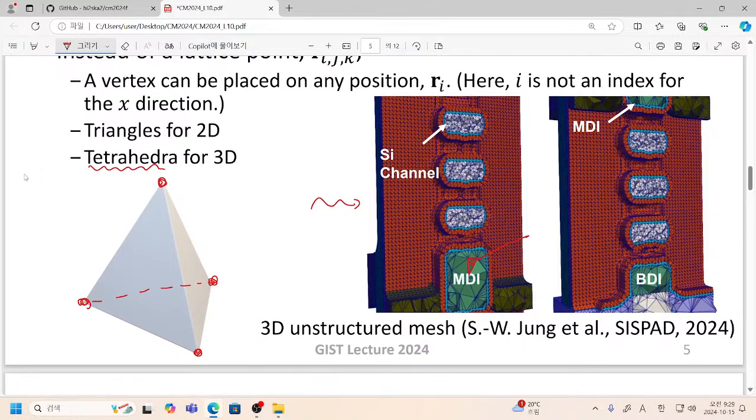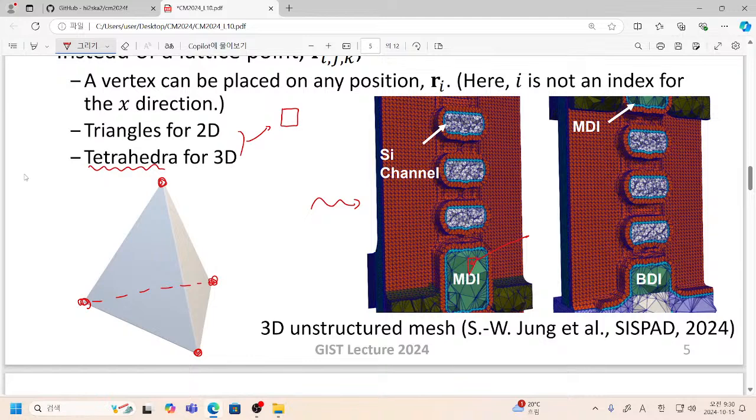Of course, you can ask me this question. We have talked about basic shapes like triangles and tetrahedra. Are there any alternatives to this one? Yes, of course, we have several alternatives. For example, instead of these triangles, we can also consider a rectangle as a basic building block of our discretization.